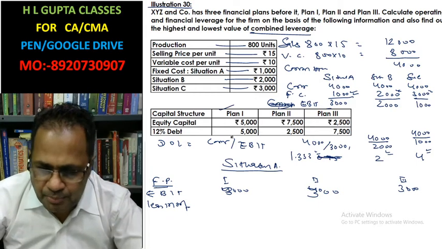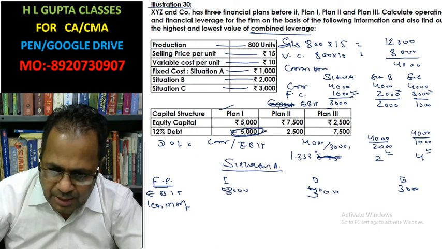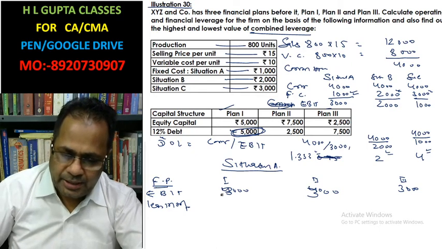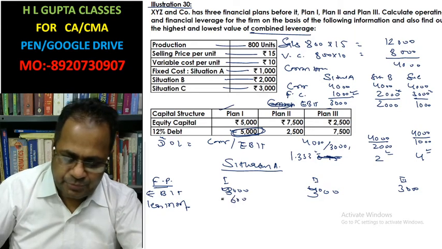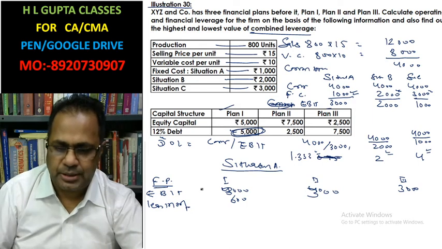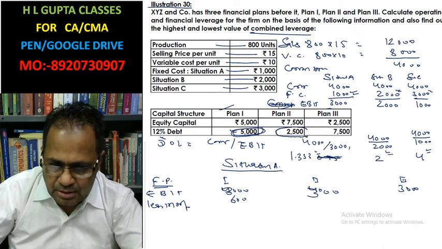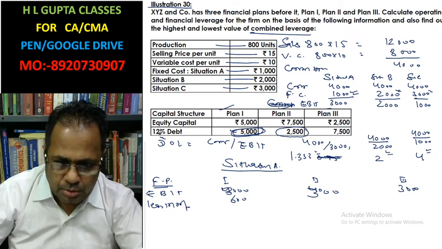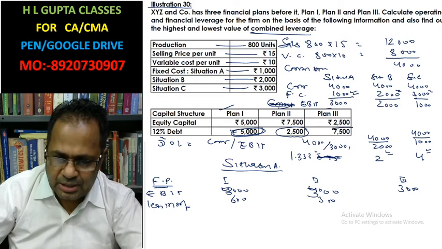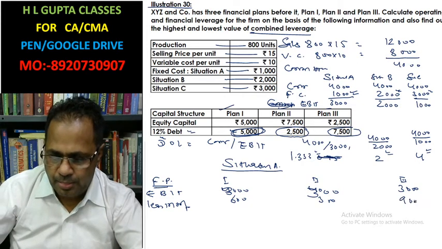Under financial plan first, 5,000 debt is raised at the rate of 12%, so this is 600. Now 2,500 debt is raised at the rate of 12%, this is 300. Now 7,500 debt is raised at the rate of 12%, this is 900.